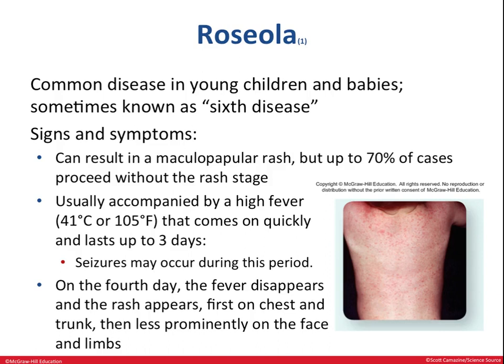The characteristic of this disease is the high fever, which can be up to 41 Celsius. It can come very quickly, last 2 to 3 days, and may cause seizures in the patient.